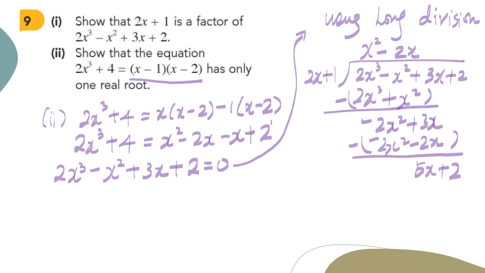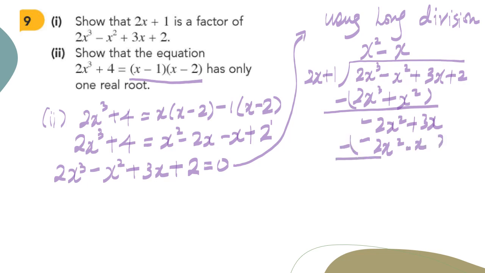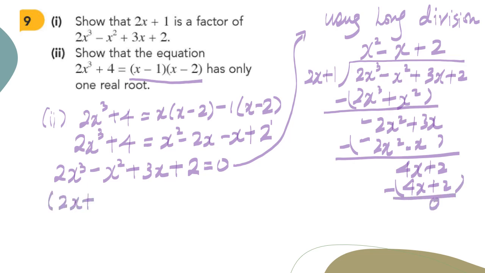Wait, hang on, I think I made a mistake here. So multiply with x. Alright, so what we have will be 2x plus 1 multiplied with the quotient, which is x squared minus x plus 2, equals 0.